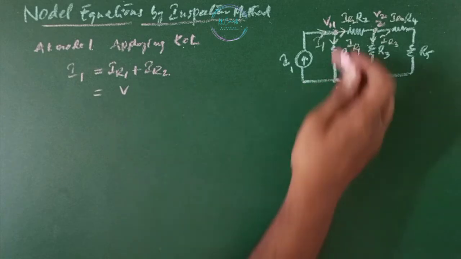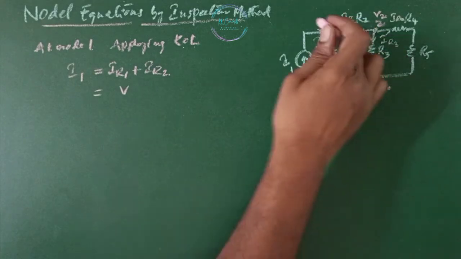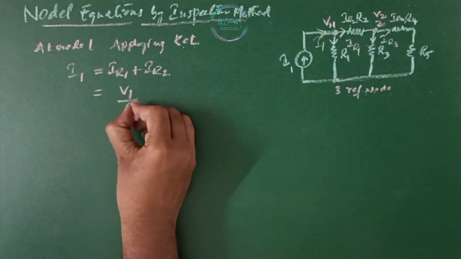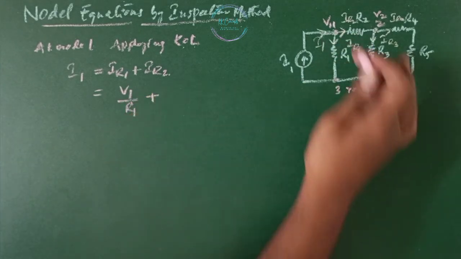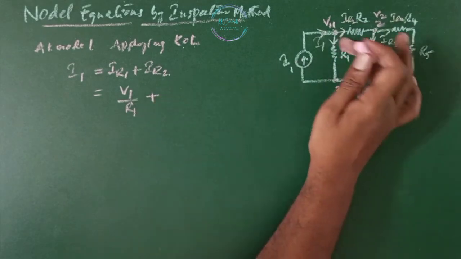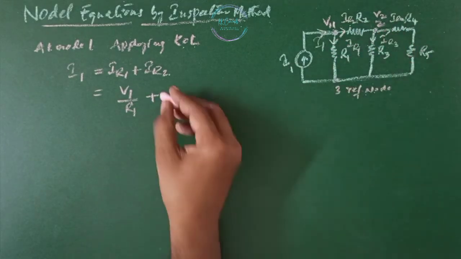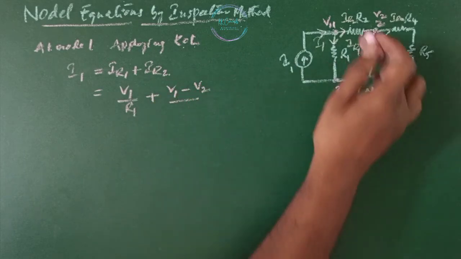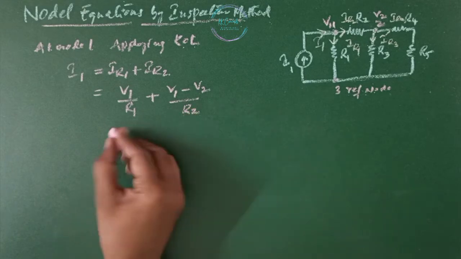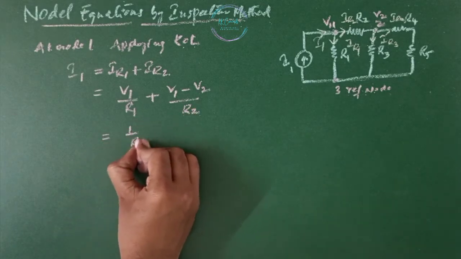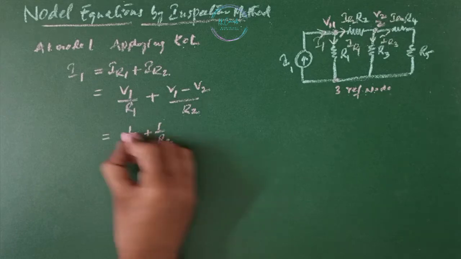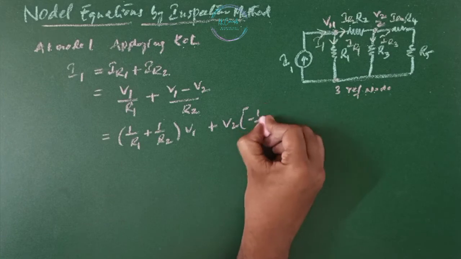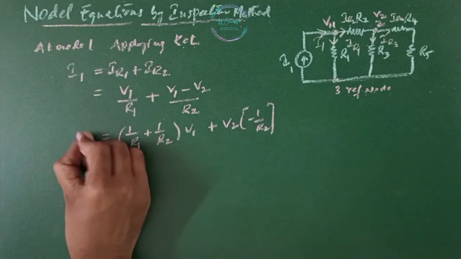The voltage between node 1 and the reference node is V1, divided by the resistance in this branch, that is R1, plus IR2, the current through this branch, which is the voltage difference between these two nodes, V1 minus V2, divided by the resistance R2. Now if you rearrange this, you get (1/R1 + 1/R2) V1 plus V2 of minus 1/R2, equal to I1.